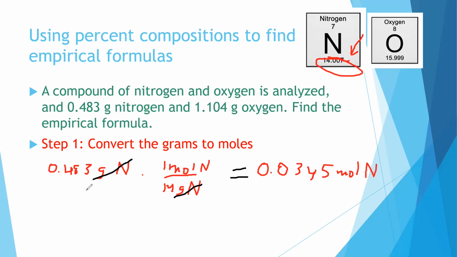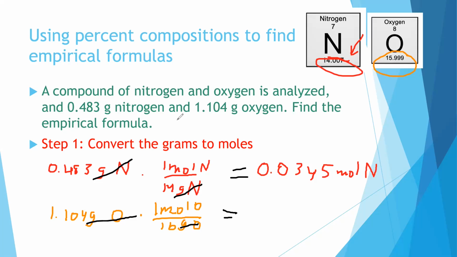Now we do the same thing for oxygen. 1.104 grams of oxygen. We look at the molar mass, which is basically 16. And then we can cancel it out.